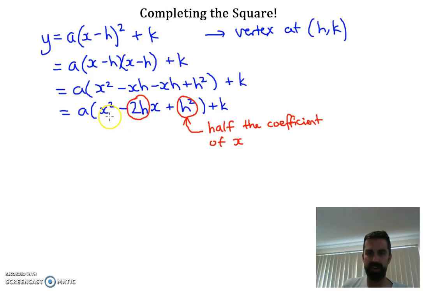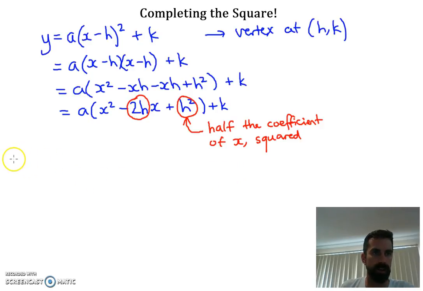And I'm not worrying about the negative sign for now, because you'll find out when you see the method that it works both ways, whether it's positive or negative. But the key thing is that the coefficient of x is 2h. Over here I've got h, so that's half of the coefficient of x, squared. Okay, and that is the key thing to understand about completing the square. When we do the example, it will make some more sense.